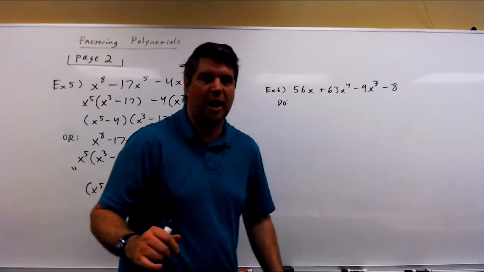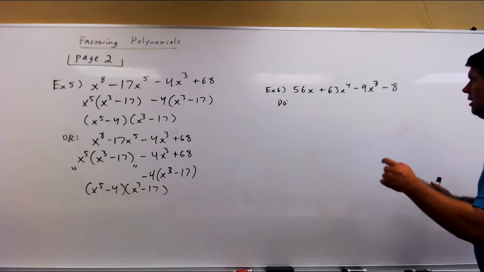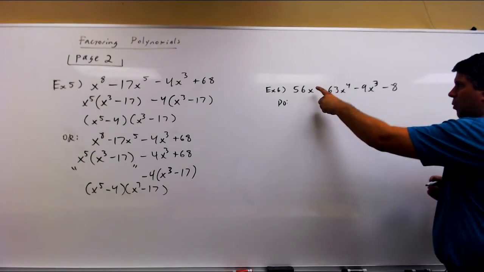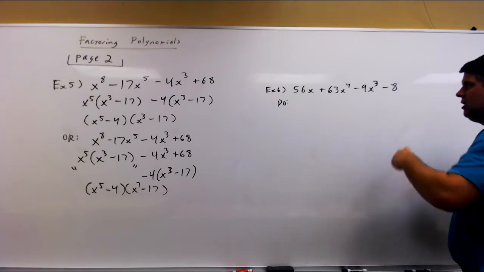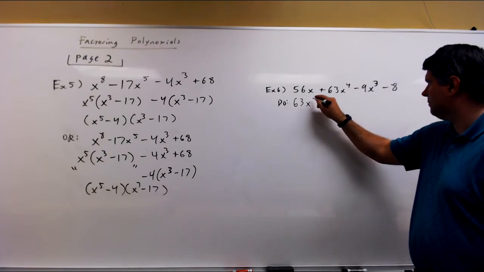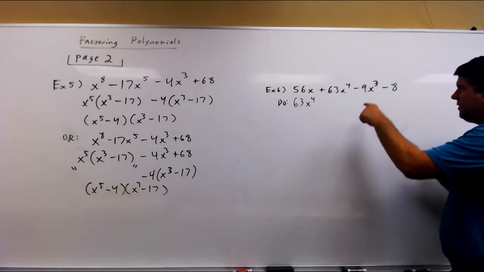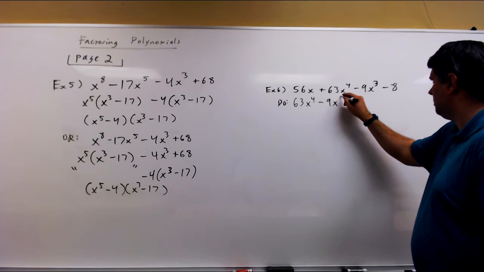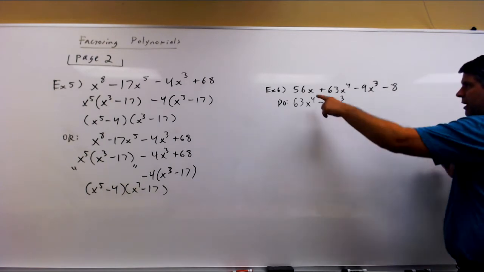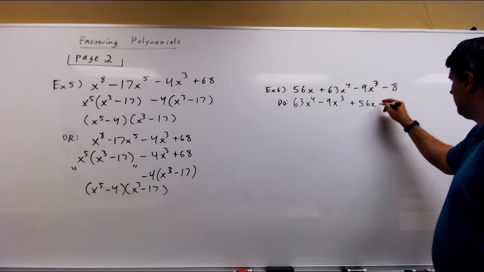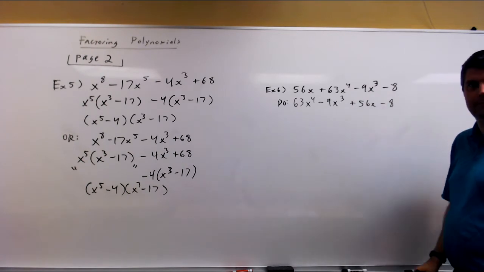All right, so you got to get it in descending order first because the powers of x are 1, 4, 3, and nothing. So I'll put 63x to the 4th first, then the minus 9x cubed, and then plus 56x, and then minus 8.